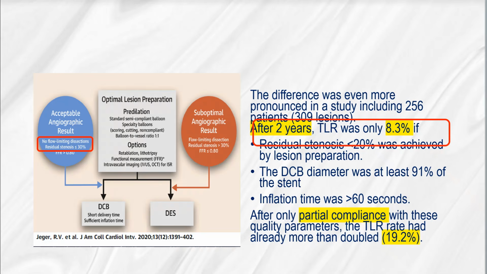After 2 years, target lesion revascularization was only 8.3% if the residual stenosis was less than 20%, balloon diameter was at least 90% of the stent diameter, and inflation time was more than 60 seconds. After only partial compliance, the lesion revascularization rate increased about double.